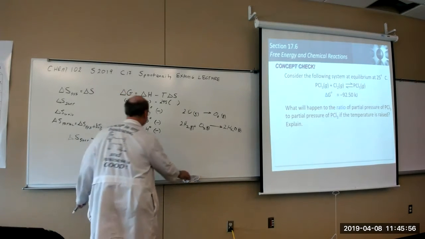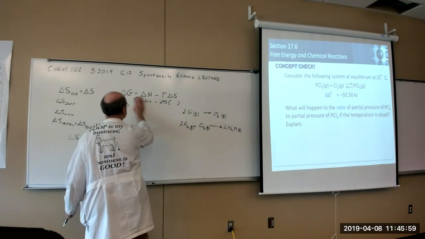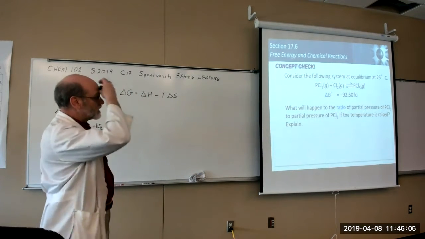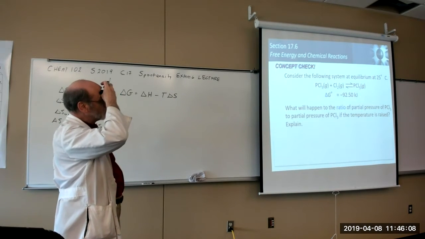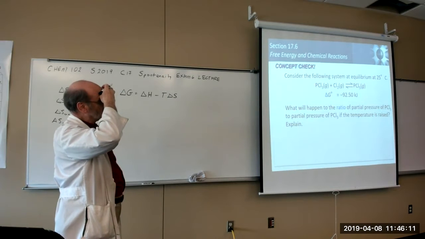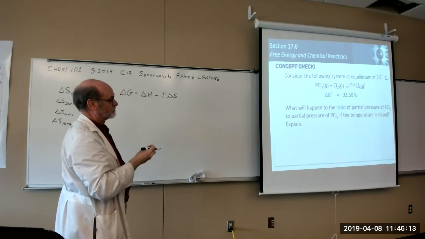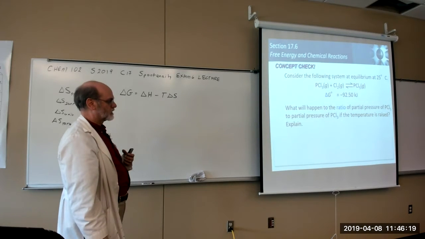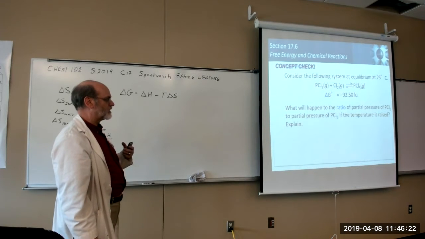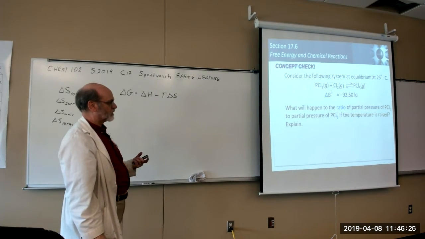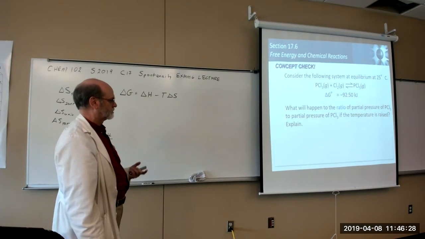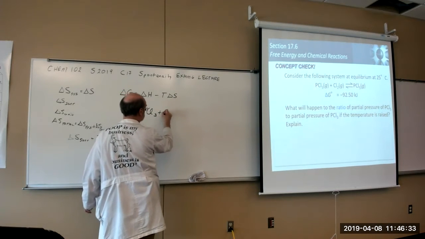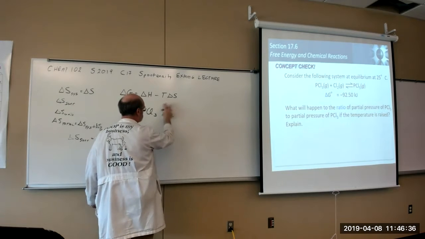Okay, how about the following system? Let's see if we can make sense of this one. PCl3 plus Cl2 yields PCl5, and the delta G is minus 92.5 at 25 degrees. What will happen to the ratio of the partial pressure of PCl5 to the partial pressure of PCl3 if the temperature is raised? These are all gases, by the way.